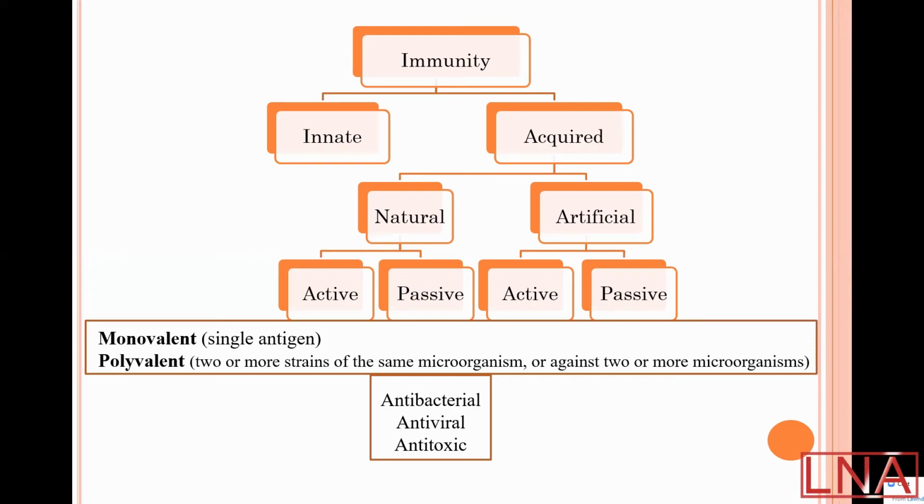Passive natural immunity is possible only in two ways, both related to mother and newborn babies. What exactly? Mother's immunoglobulins, IgG, can penetrate through the placenta into the fetus, and the fetus is protected by mother's antibodies. It's passive natural acquired immunity.